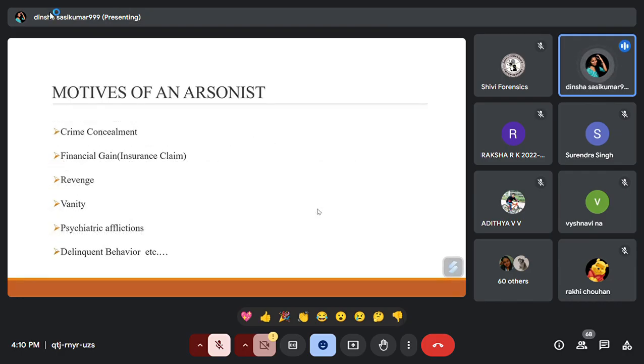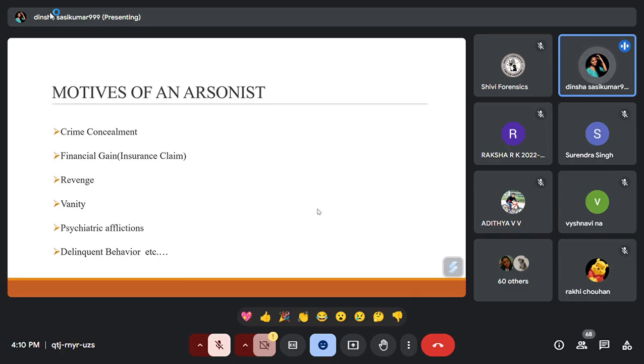So, what makes a person an arsonist? There are some motives which make a person an arsonist. Actually, there are different motives, but some of the motives I have mentioned here. The first one is crime concealment. Most criminals use arson as a means to conceal evidence of illegal activities or other crimes.